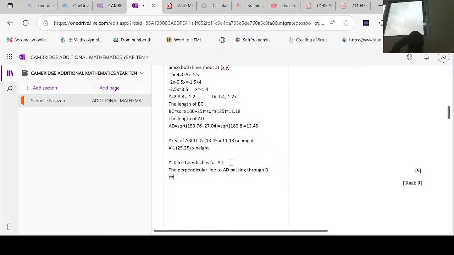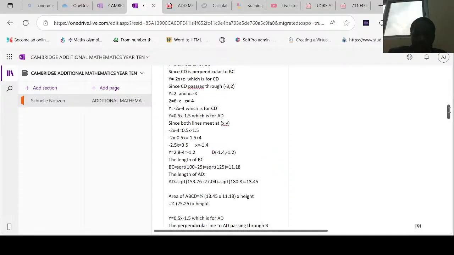But hold on, do we even need it? Since now, I think we are going to be doing double work. Because I remember we found the perpendicular line, right? Let's go back to that place. Since line CD is perpendicular to BC, so this equation that we got for CD, where is it again?